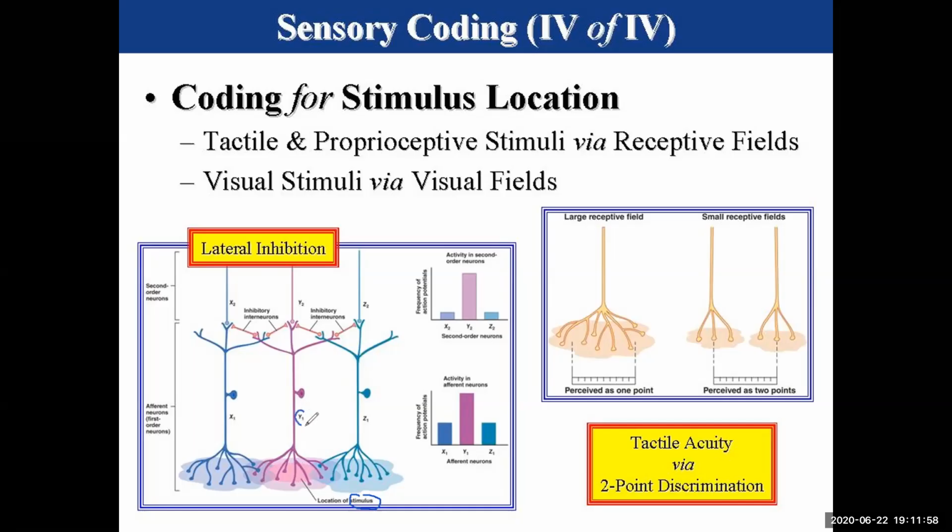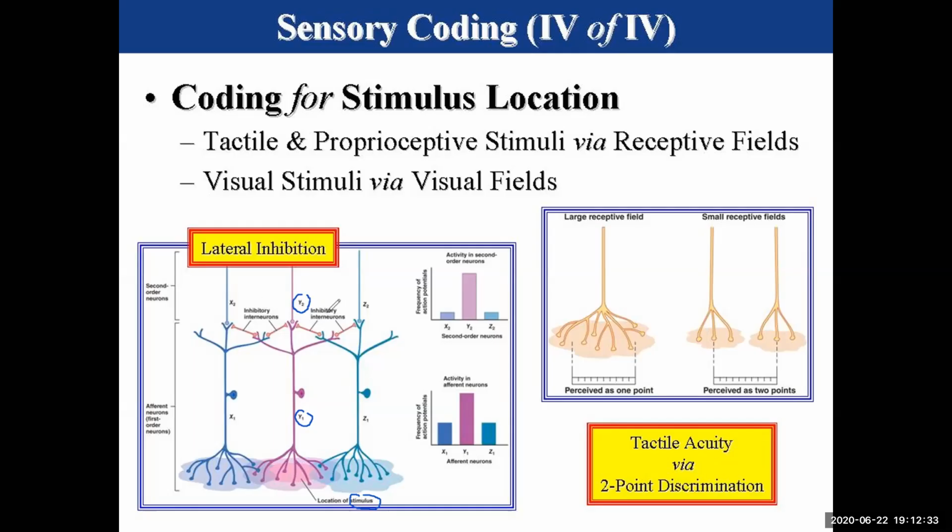In order for the nervous system to locate the stimulus with accuracy, what's going to happen is once the action potential travels down its axon toward Y2, the second order neuron, (Y1 is the first order neuron, Y2 is the second order neuron), Y1 sprouts out collaterals, synapsing with interneurons on either side.